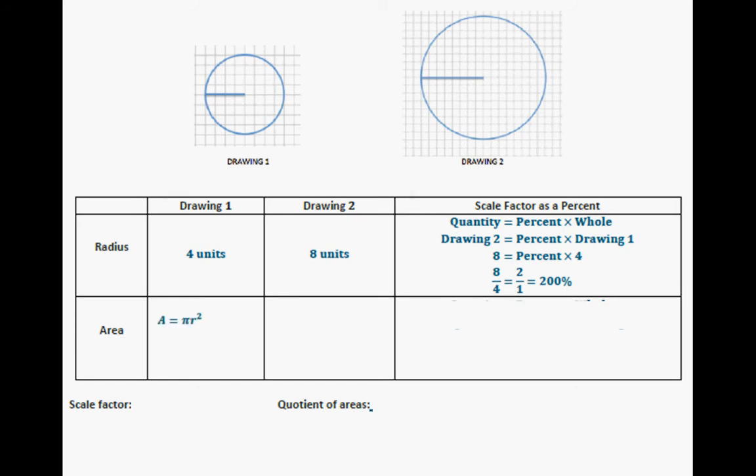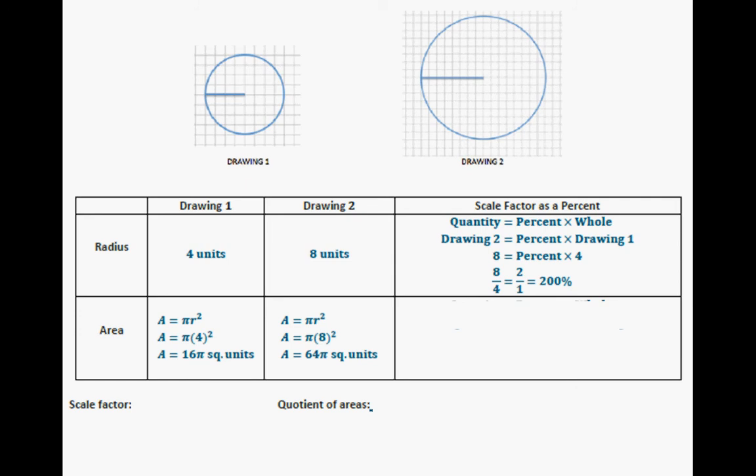Now the area of a circle is area equals pi times r squared. If the radius squared is 4 squared, then we'd have 16 pi square units. And we're going to leave everything in terms of pi so that we don't have to deal with figuring that out, because it's going to end up canceling out in a second anyways.